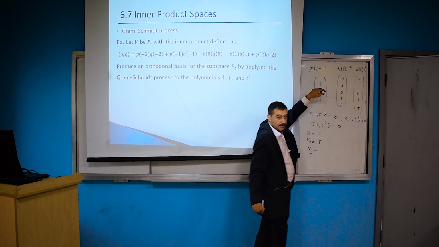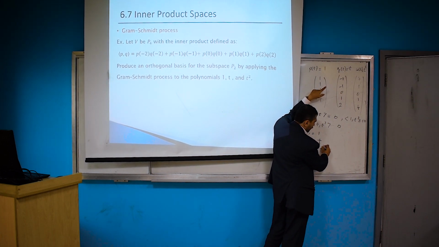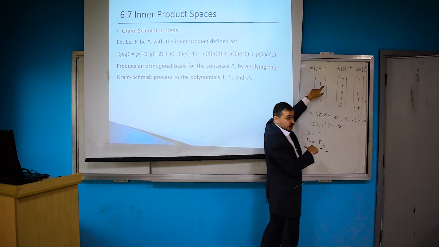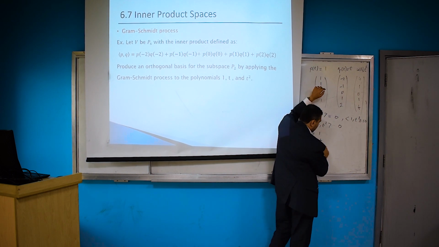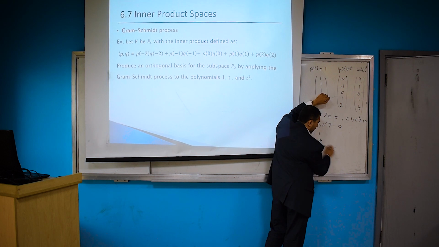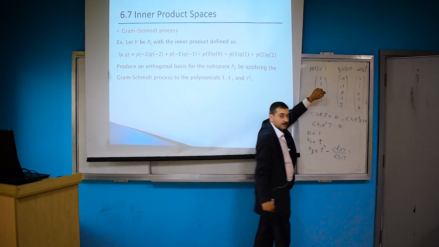So we take the third polynomial, t square, and subtract its projection onto the two vectors. The projection of t square onto 1 is the inner product of t square with 1 over the inner product of 1 and 1, multiplied by 1.